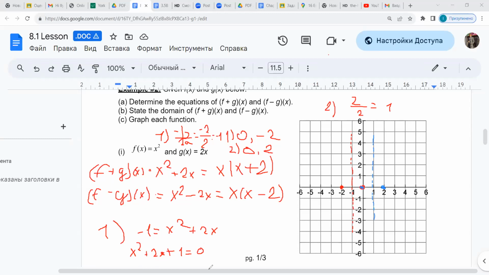So we would get a quadratic equation that we have to solve. The best way I prefer is to solve the discriminant. This would be b squared minus 4ac. So it's going to be 4 minus 4.